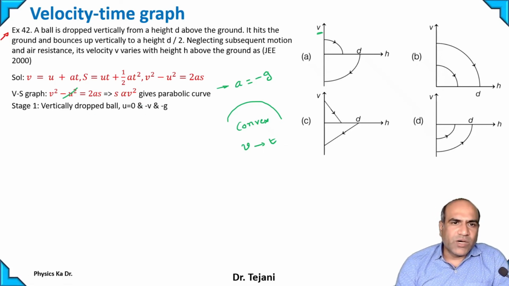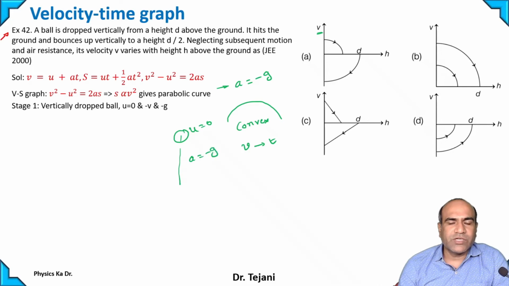Then for stage one, when the ball drops from the top, initial u is equal to 0, acceleration is equal to minus g, and it has negative velocity after some time.